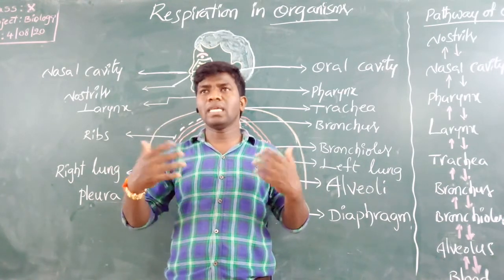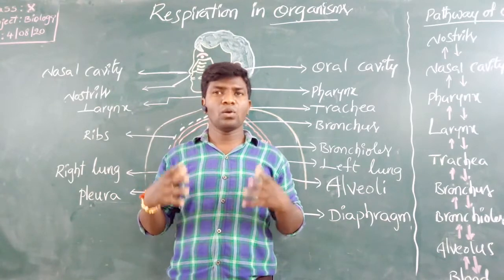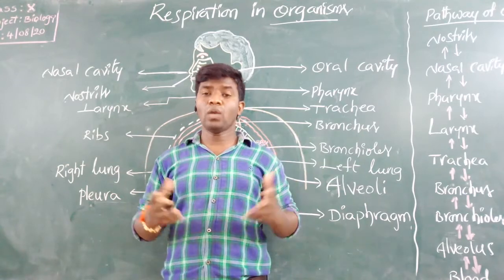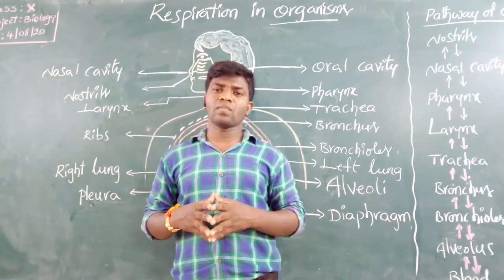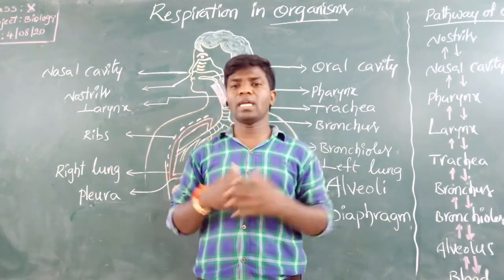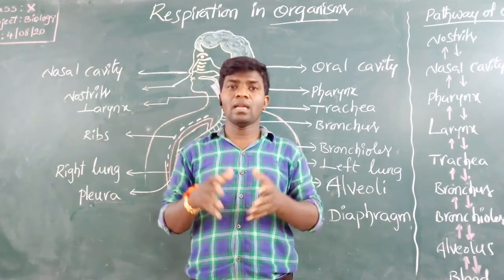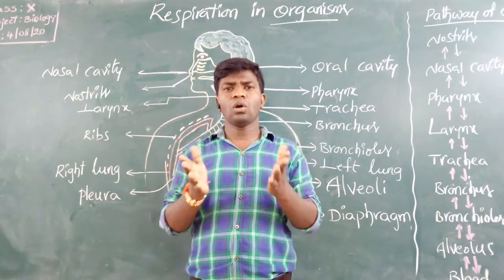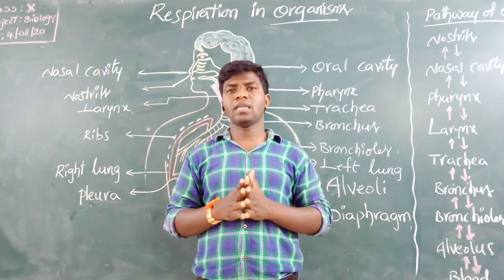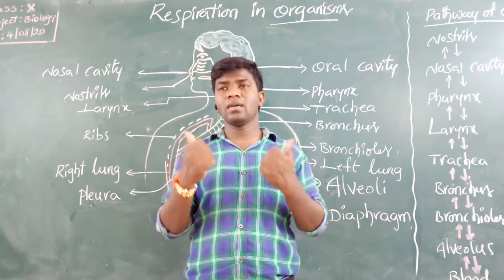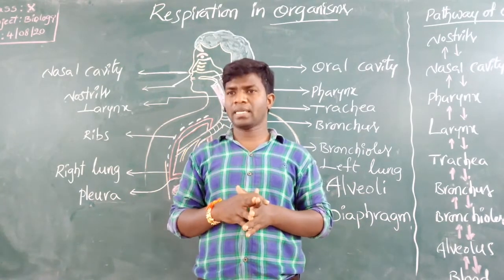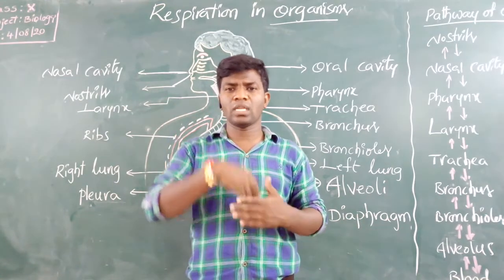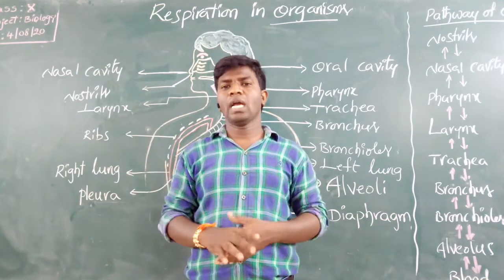Our body organs are doing more work. While we are doing any work, we need more energy. That's why here also, while we are doing exercises, we need more energy, so we also need more oxygen and need to get rid of carbon dioxide. While we are exercising and playing, we need oxygen and at the same time we get rid of carbon dioxide.